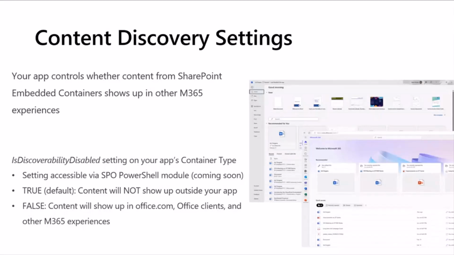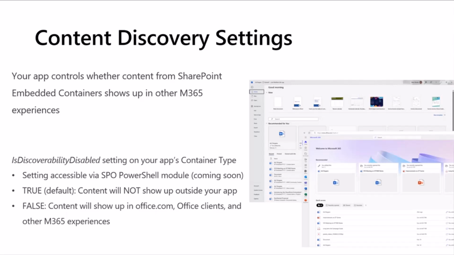Now, by default, that content will not show up, meaning, when you look at office.com or the home section of Office Desktop or Office Online, you're not going to see any of the content showing up in there. That's good if you're writing an app that you really want to lock down and secure. If you block that, your app's content will only be accessible via your app.